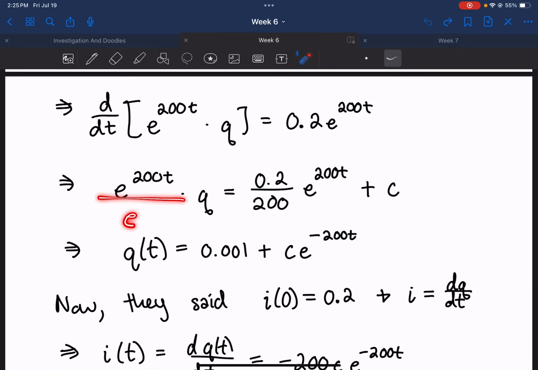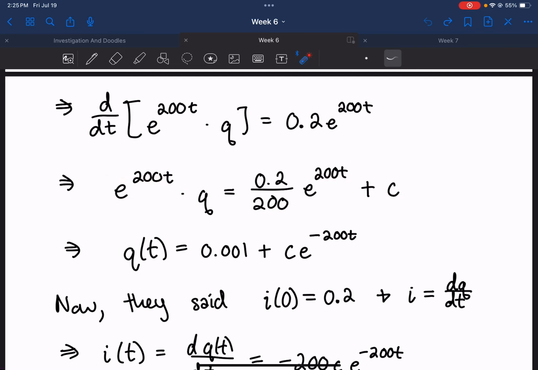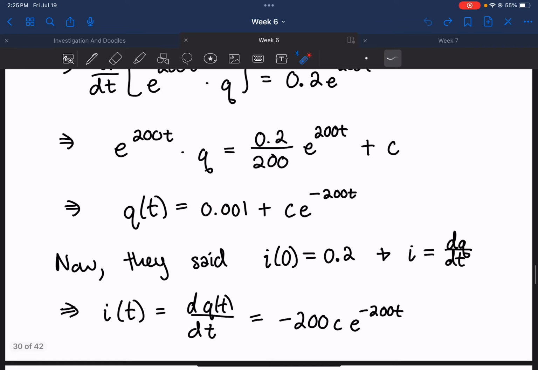Solving for q, divide by e to the 200t. Q(t) equals 0.001 plus c e to the negative 200t. They also gave us I at time 0, which was 0.2.